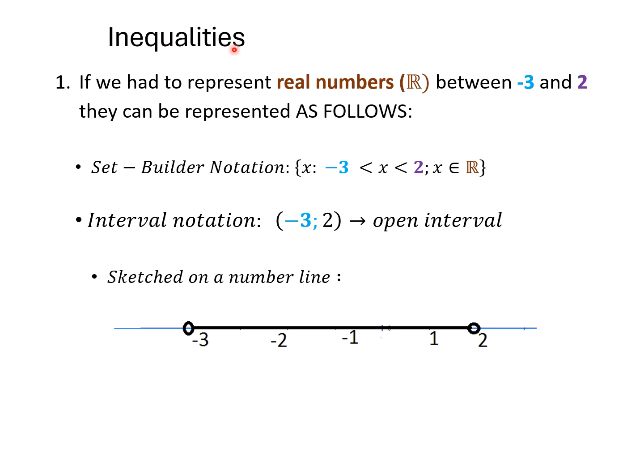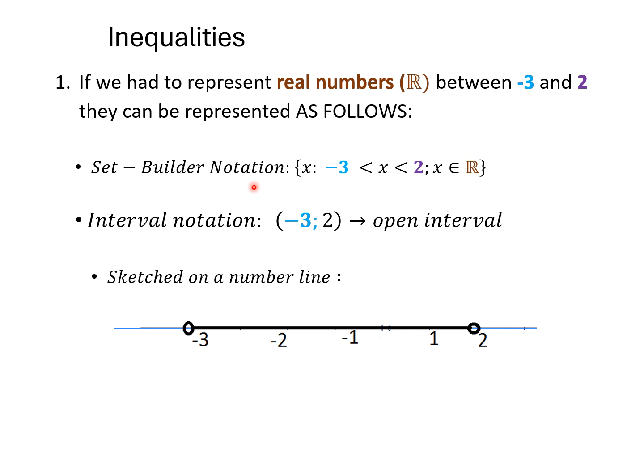Right, so for inequalities, number one, if we had to represent real numbers between -3 and 2, what do I mean with between? So it doesn't include -3, doesn't include 2, but it's in between the two. So in between, smaller than 2 is 1, bigger than -3 is -2. Right?